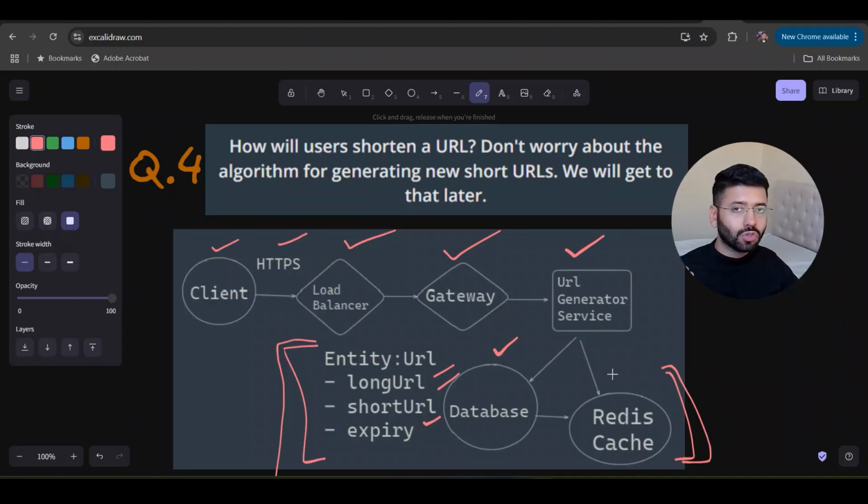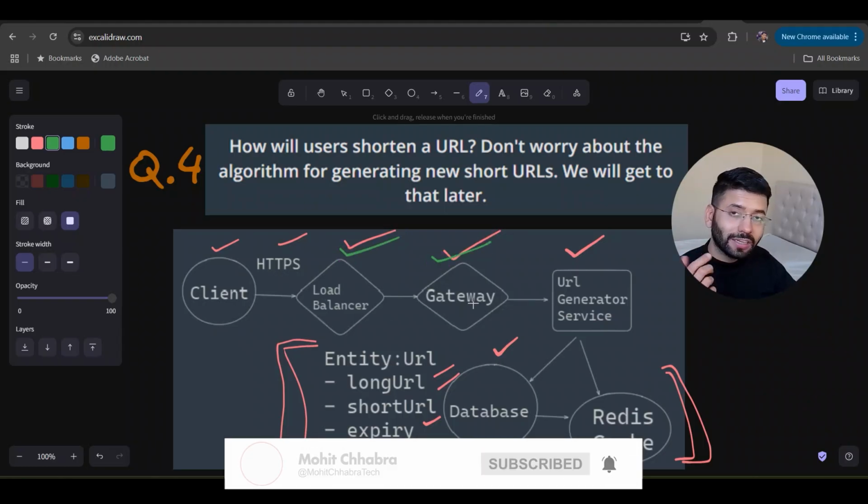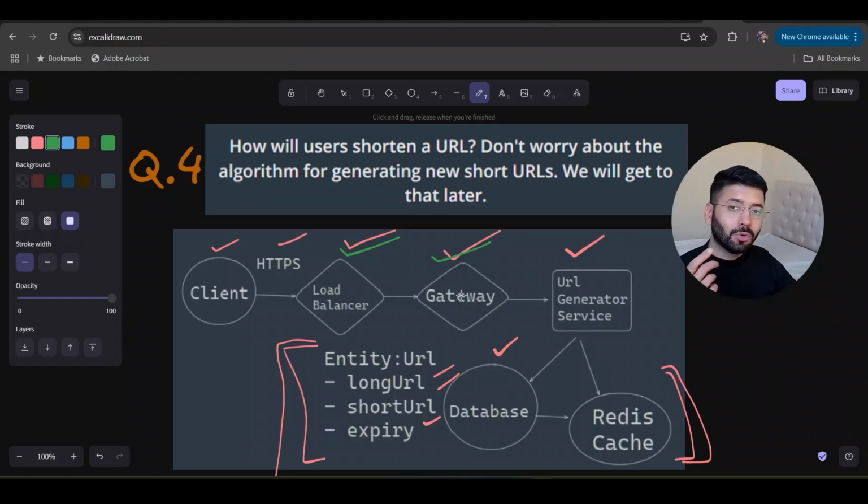Let's see now what was the feedback that I received on my high level diagram. Firstly, talking about the good things that I did in my design, I mentioned the load balancer and gateway. So my design contains all the components which are responsible for their roles, and I've also mentioned that there is a microservice architecture. All those things are really good. Another good thing is that I have kept both the database and the cache.